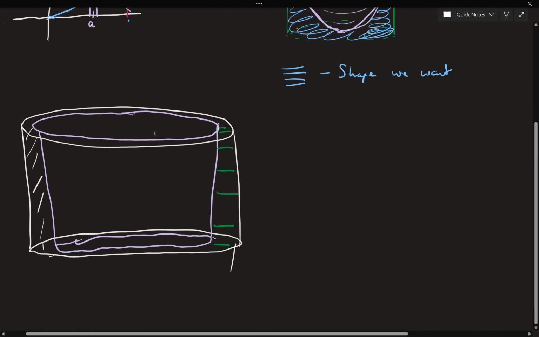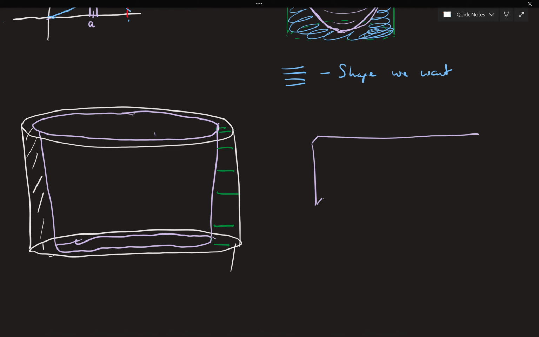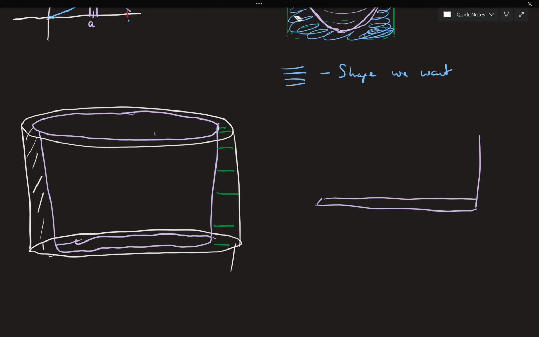So if I do that, I get a rectangular prism.